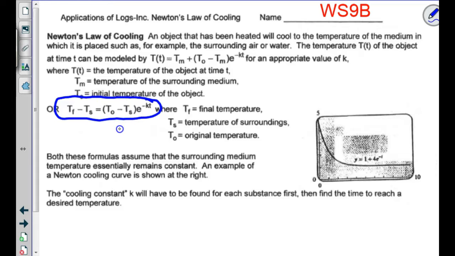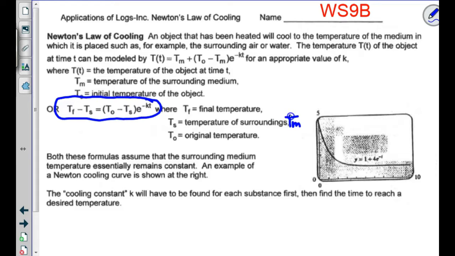Now, let me go through what this is. T sub F is the final temperature, the temperature at the time we're talking about. T sub S is the temperature of the surroundings. I feel like it might be T sub M on the quiz.